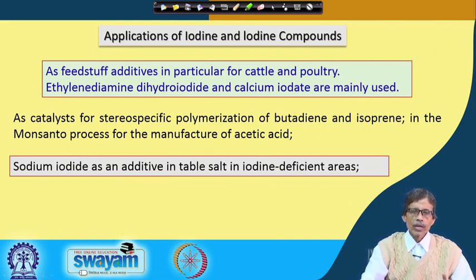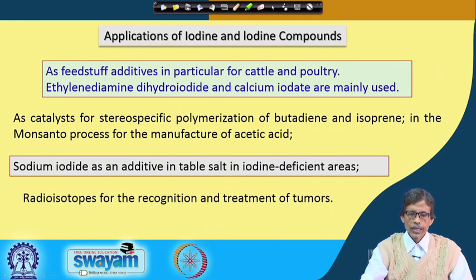Since we are talking about application in food material, you must have very high purity of those materials. That means the sodium iodide or some amount of iodate should be of food quality. So, food quality material should be used for addition to these table salts.